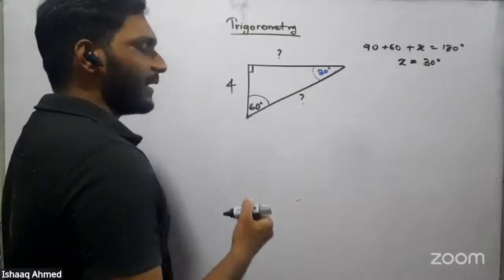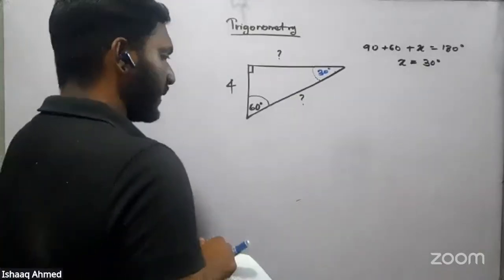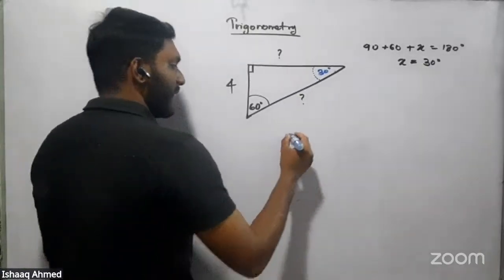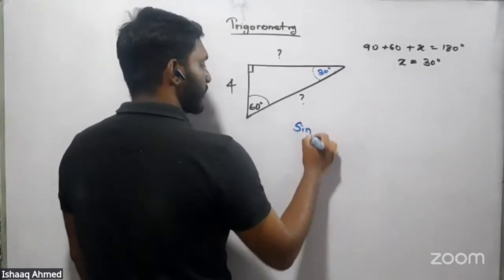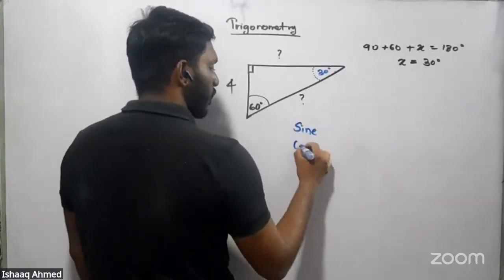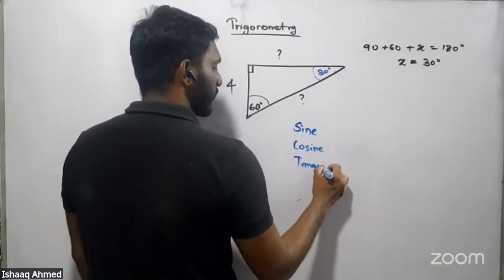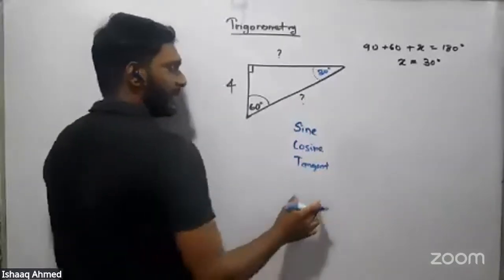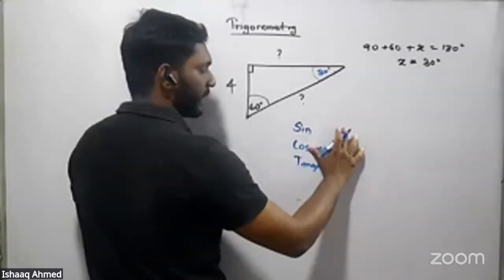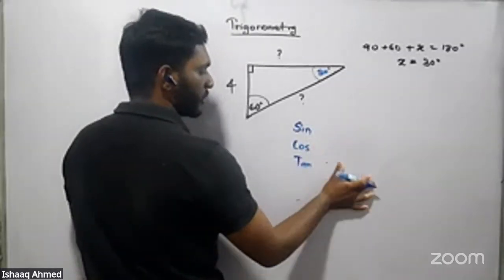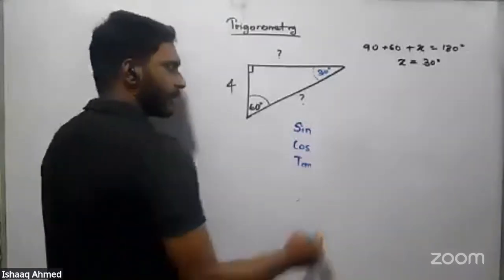Before getting to that, we have to learn trigonometric ratios. There are three trigonometric ratios: sine, cosine, tangent. Simplified and written as sin, cos, tan.